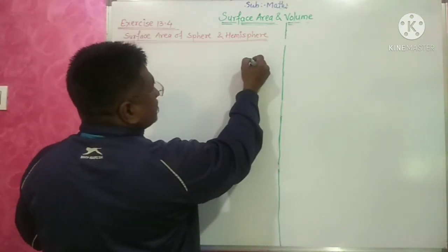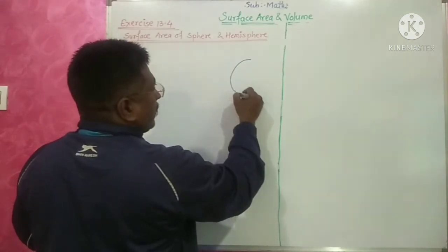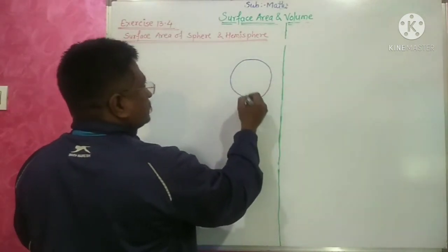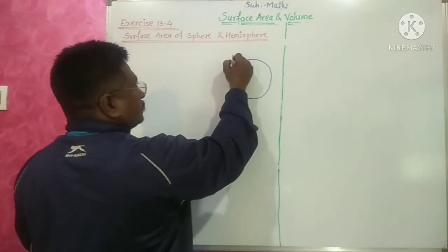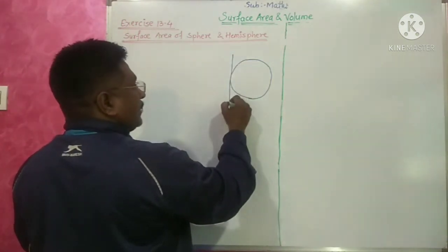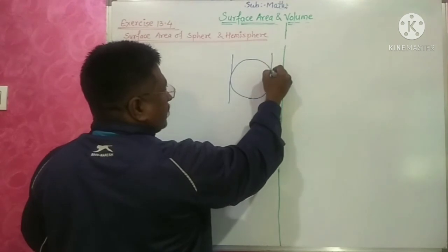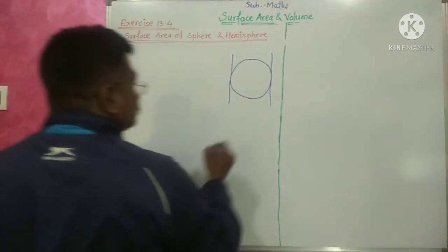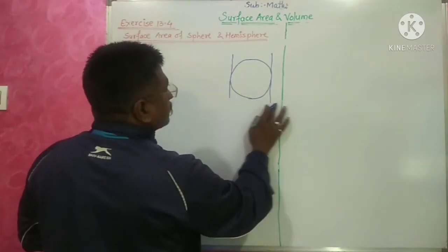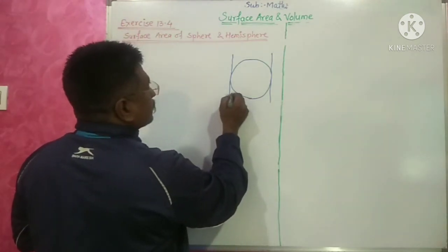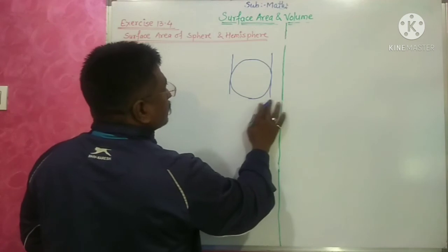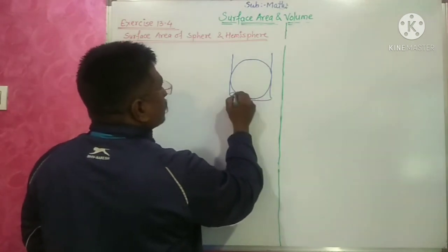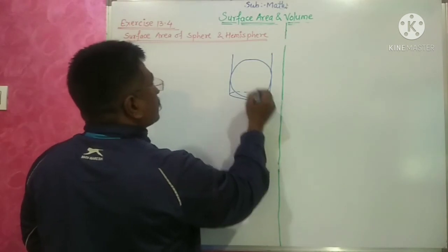So this is the sphere, and this sphere is enclosed in a right circular cylinder like this. In this way.